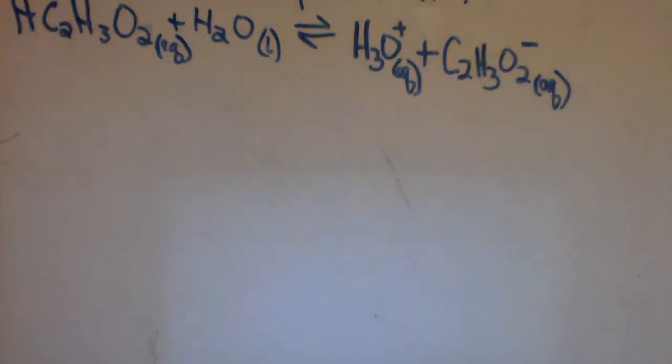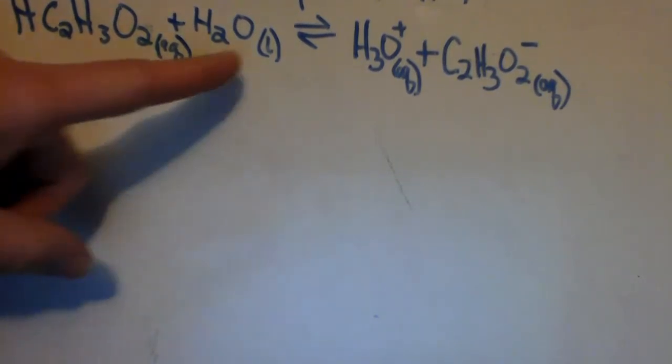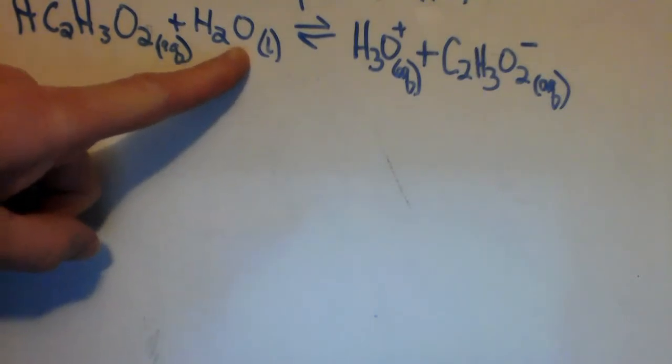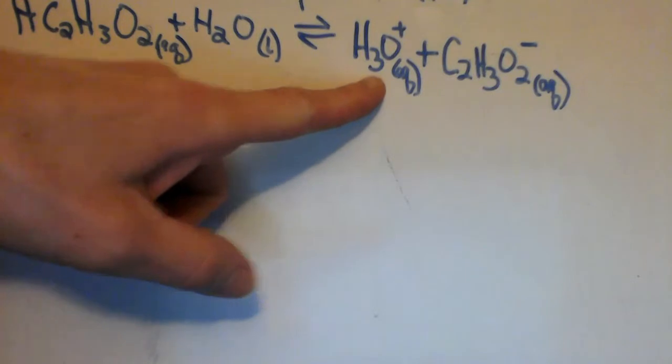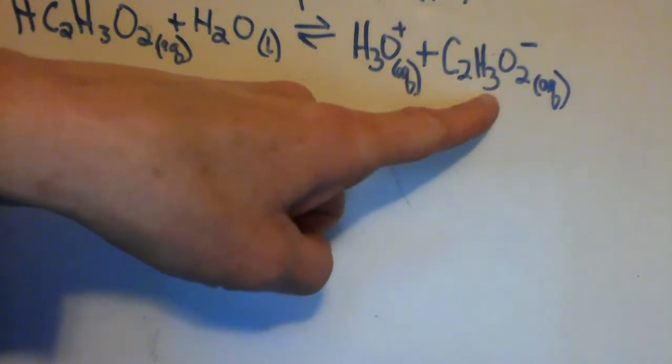The first thing we have to do is write the equation. Here we have the equation for the reaction of acetic acid in water, which dissociates to form hydronium ions and acetate ions.